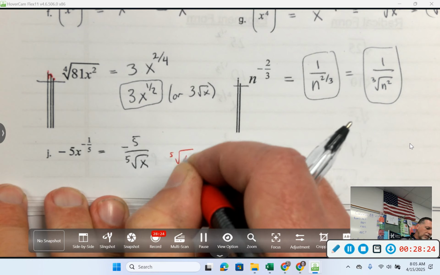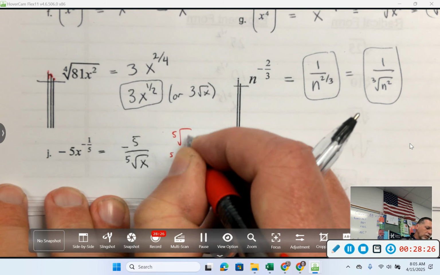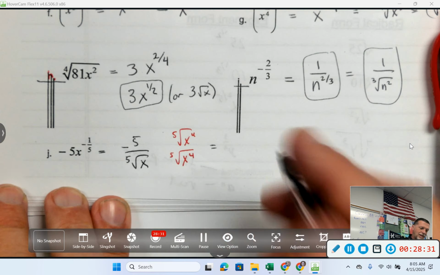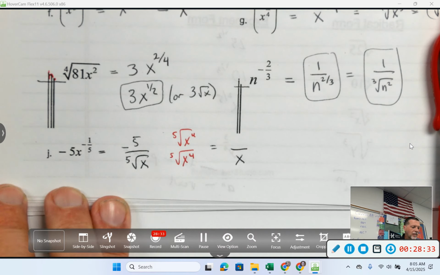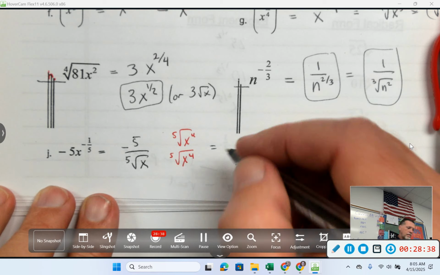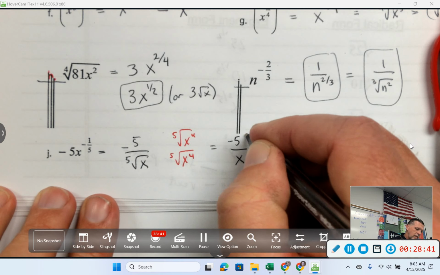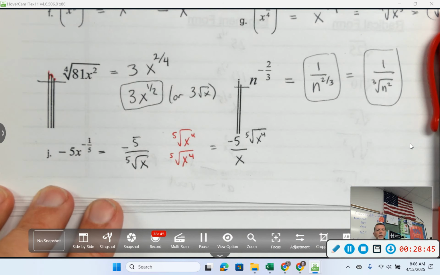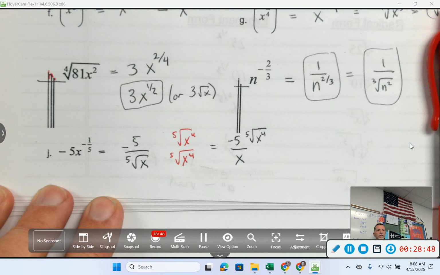If we wanted to fix that, we would need to multiply by the 5th root of x to the 4th, so that we could then take a 5th root and get x down there. I need to talk with Miss Houston and see what we're looking for. It would be a good bonus question. It'd have to be worded carefully: answer without leaving radicals or fractions in the denominator.